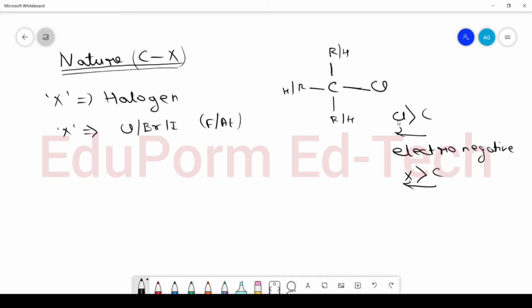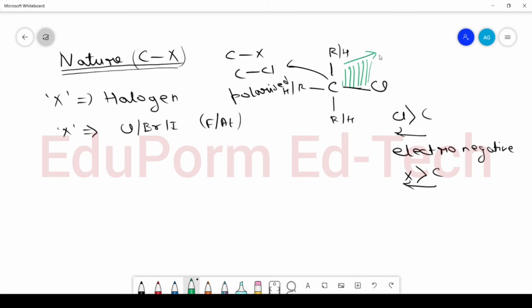So as the halogens are more electronegative than carbon, this C-X bond, or in this case as we are studying, the C-Cl bond, is polarized. This bond is polarized, and the polarity is towards the halogen because halogen is more electronegative in nature.